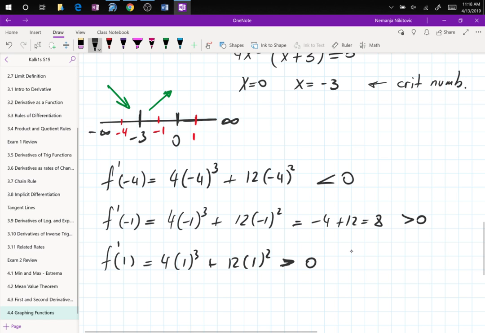Something is terribly, terribly wrong over here. This is a polynomial and they have to alternate.